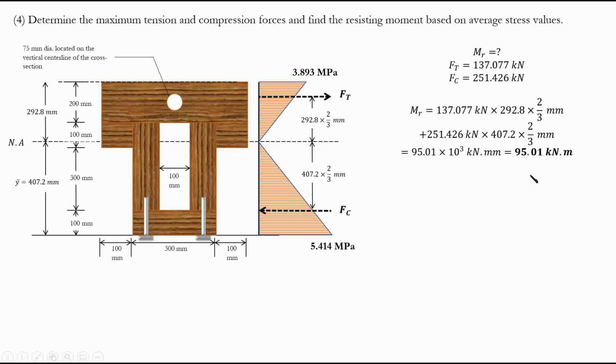Why aren't they the same? The resisting moment should be equal to the applied moment, right? Well, the reason is that we made some assumptions, and those assumptions were not accurate, right? They are just an approximation. So that's why 95.01 is not equal to 130, okay?